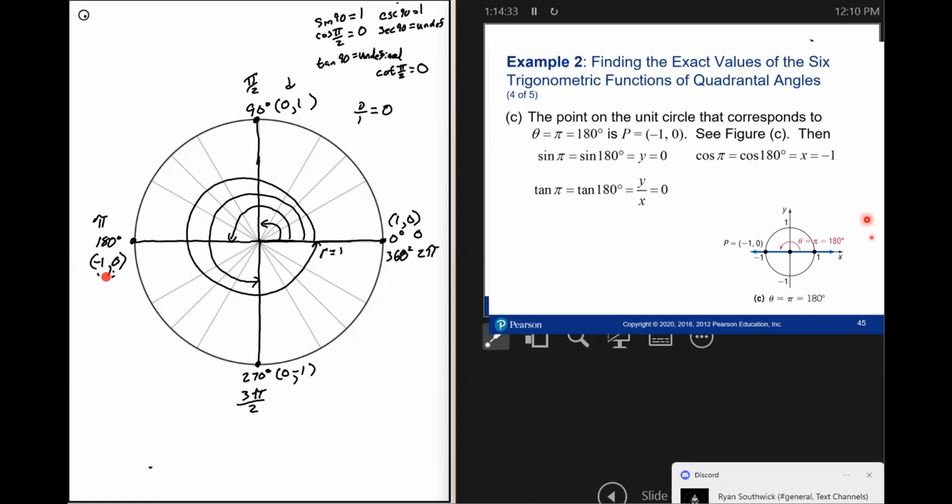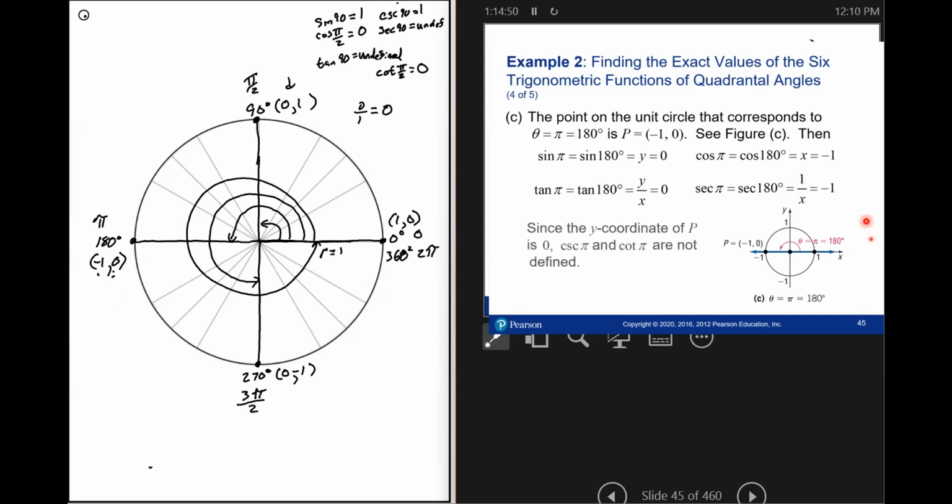And then secant is 1 over -1, which is -1. And then cotangent, you end up dividing by 0, so it also is undefined. So cosecant and cotangent in this case are not defined, or they're undefined.